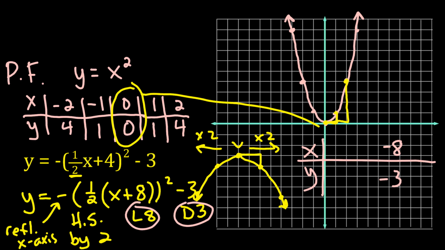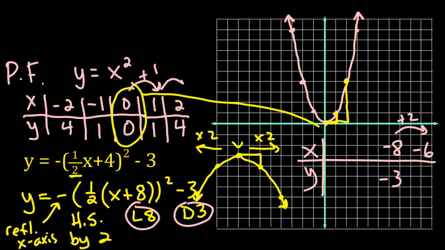Well, and then the negative flips it upside down, and the 1/2 is going to stretch it horizontally. So that's affecting the X values. So instead of moving over 1, like we do on this table where we go +1, we're going to go +2, because it's stretching it out horizontally by a factor of 2.